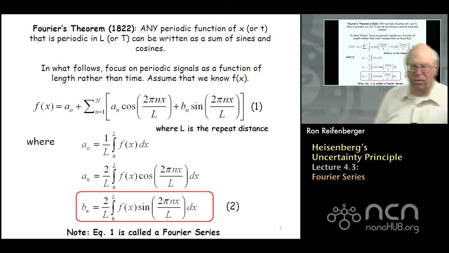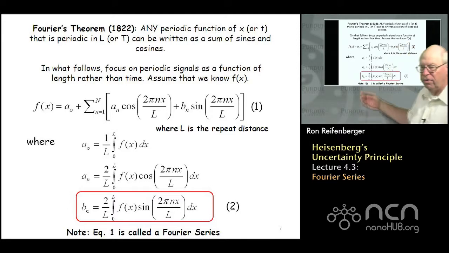And the answer to that question is there are well-defined integrals that define A0, a sub n, and b sub n. All these integrals involve integration of the function f of x over one period, over one repeat distance. So these integrals always go from 0 to L, or from minus L/2 to plus L/2.